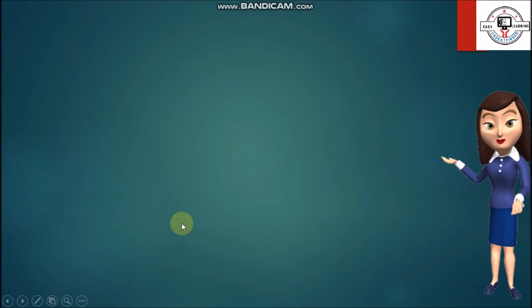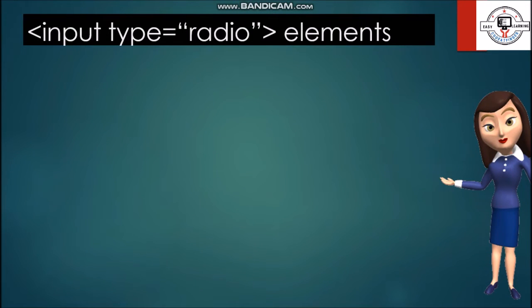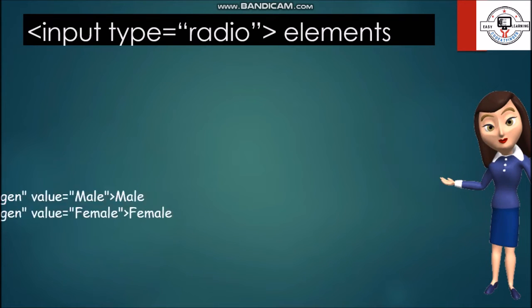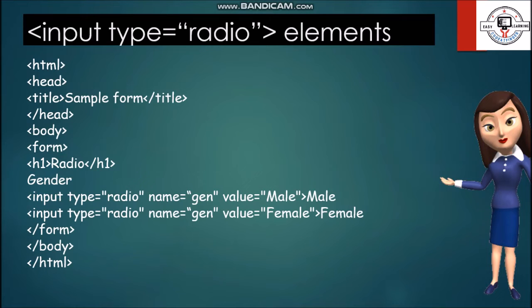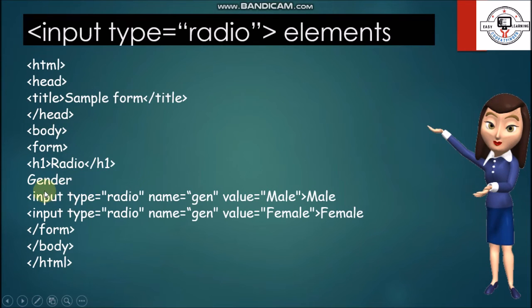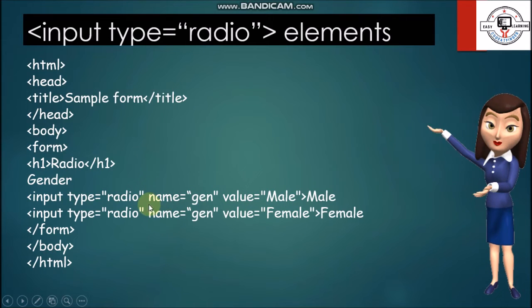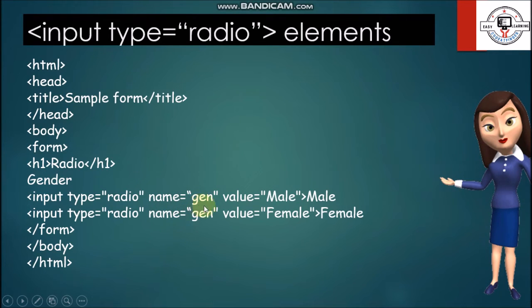Next, input type radio. We will take the radio whenever we want to select only one option out of many. So this is a simple program. Because for gender we have to select only one, either male or female, we have to take the same name, otherwise it will not display the correct result.